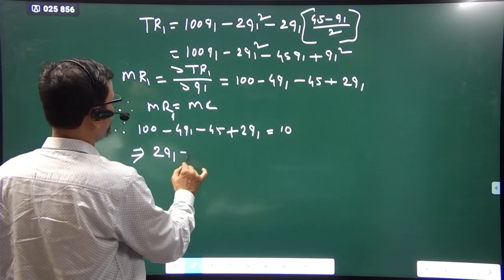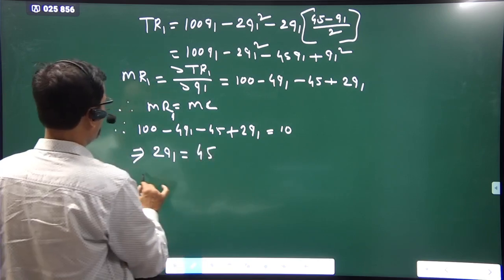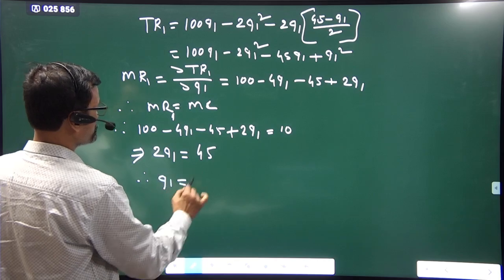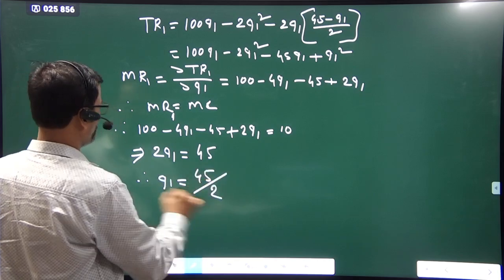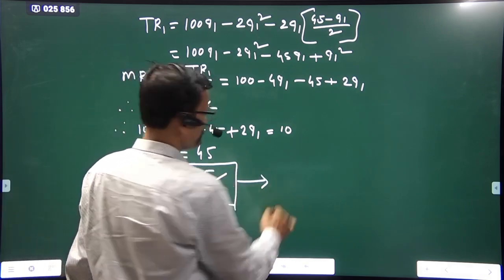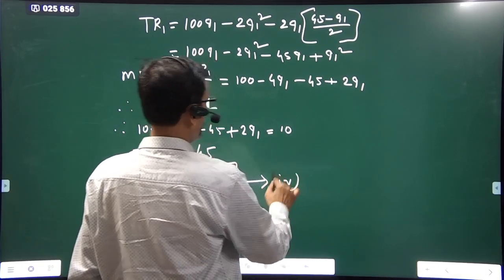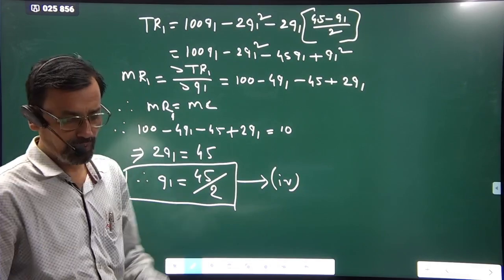After simplifying, we will get 2Q1 is equal to 45. Therefore, Q1 is equal to 45 by 2. This is the output produced by firm 1.